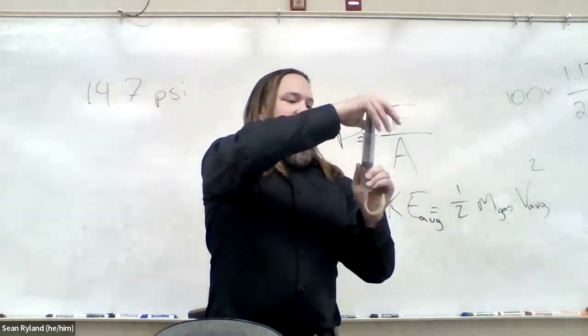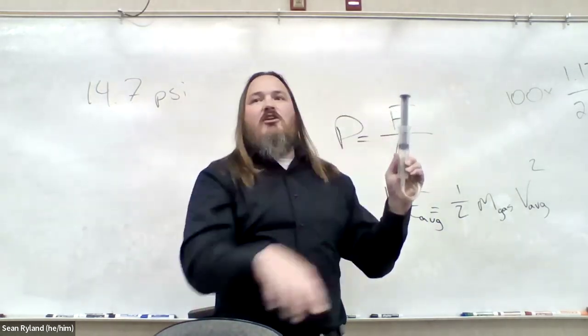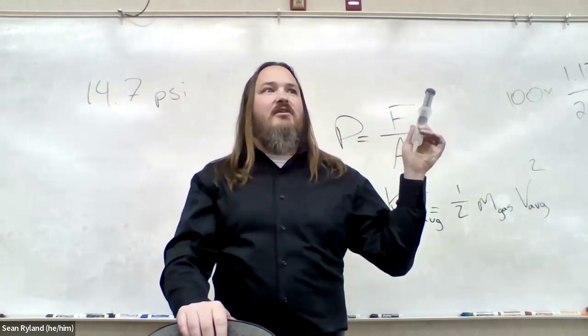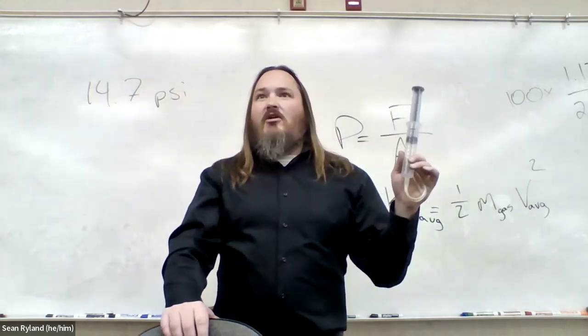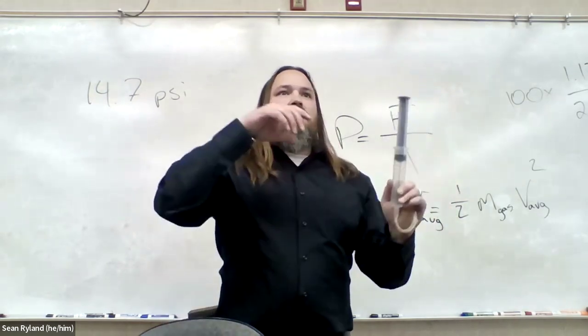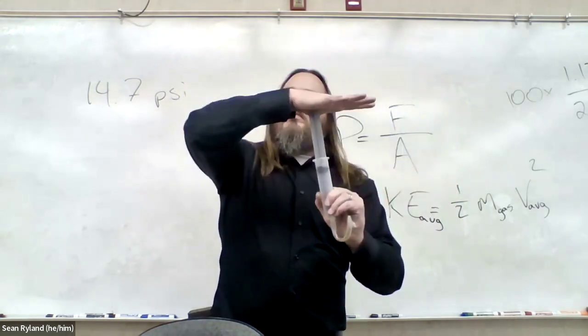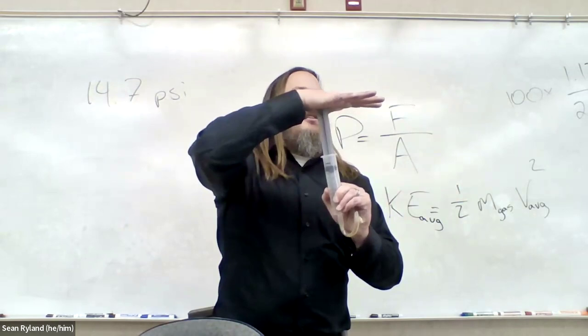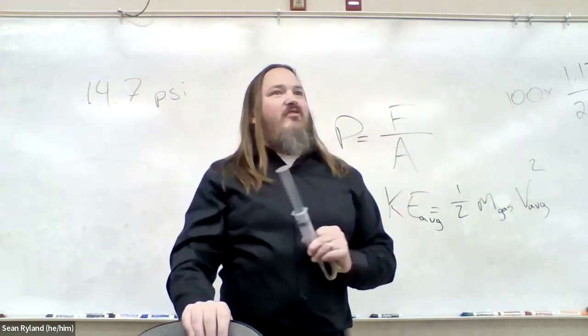If I push down on this and then let go, the stopper is going to go back up. I'm just holding this in one hand. It's not that particularly well sealed. What you're going to do tomorrow is you're going to seal this system. And then you're going to put various objects on top of it. You're going to weigh those objects and you're going to measure what the volume of the gas is.